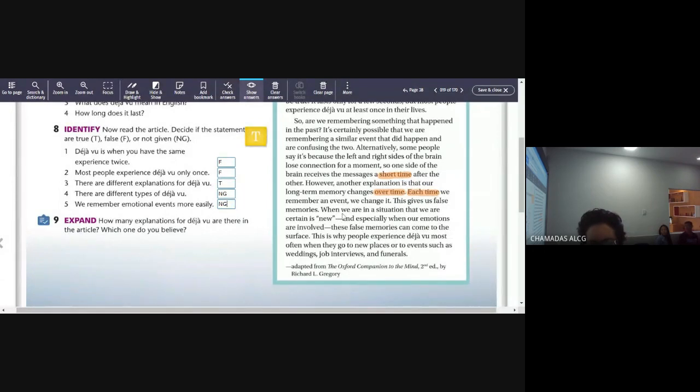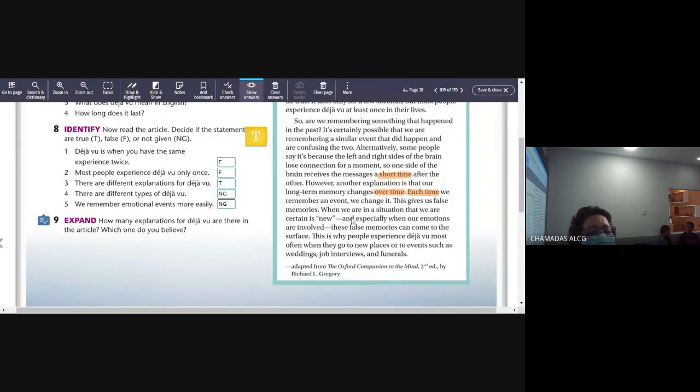Look, they say, when we are in a situation that we are certain is new, and especially when our emotions are involved, these false memories can come to the surface, to the top, okay? So here, they are not really saying that situations that involve emotions are easily remembered.